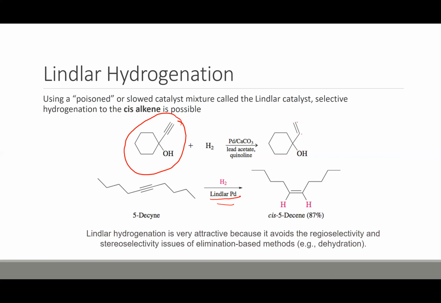So the product is the same, except now our triple bond has gone to a double bond. Here's a decyne. This is a triple bond in a 10-membered chain. Notice that the final product is the cis formation of the double bond. This is when you have same side cis formation of the double bond.